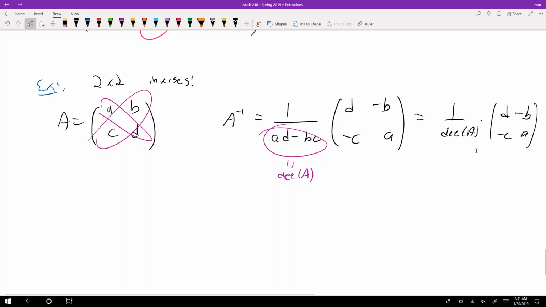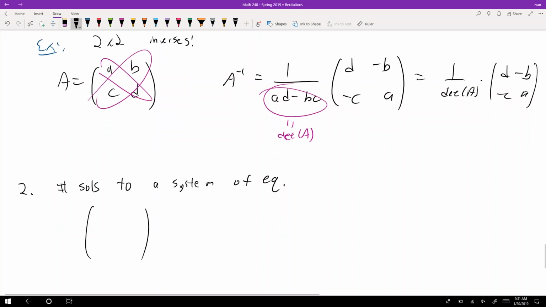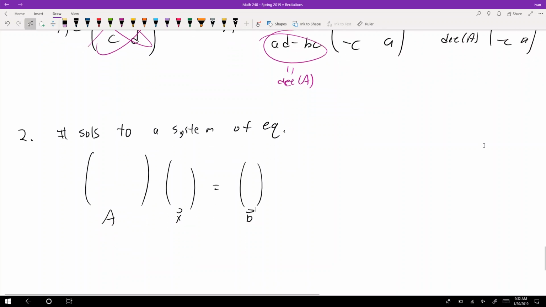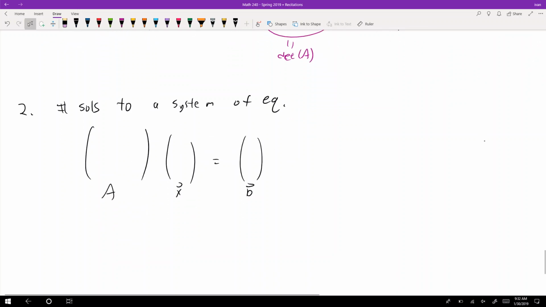Second application: the determinant can also tell you the number of solutions to a system of equations. How do you know? Again, our good friend AX equals B comes back. There are 2 types of systems.